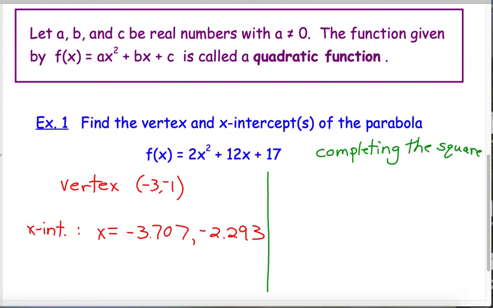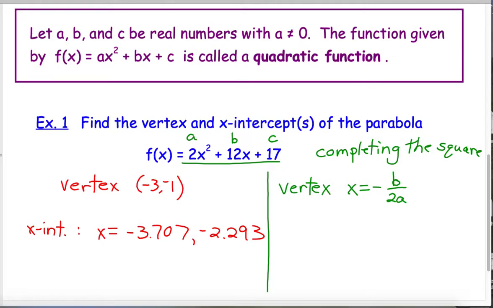There's a shortcut for finding the vertex, and it turns out when you want to find the vertex and it's in this form, ax squared plus bx plus c, the vertex is going to be at x equals the opposite of b over 2a.